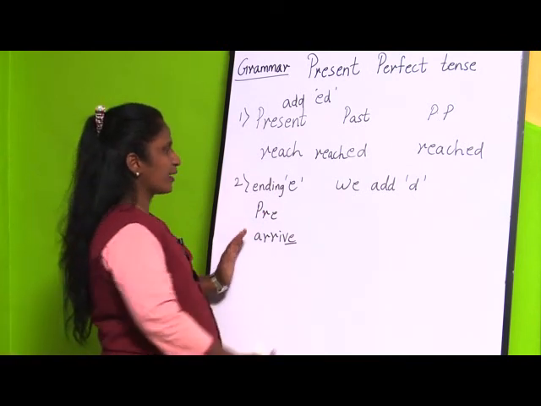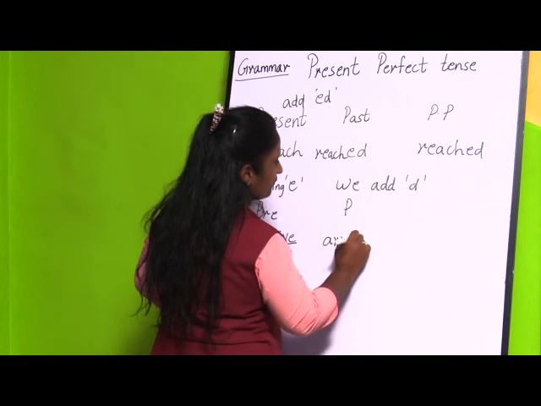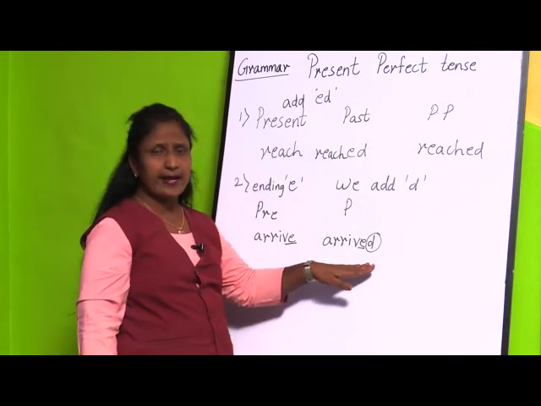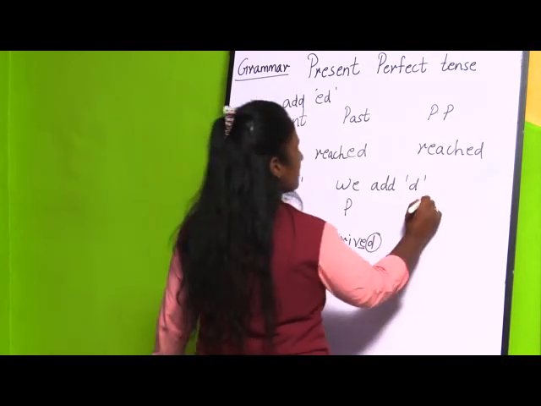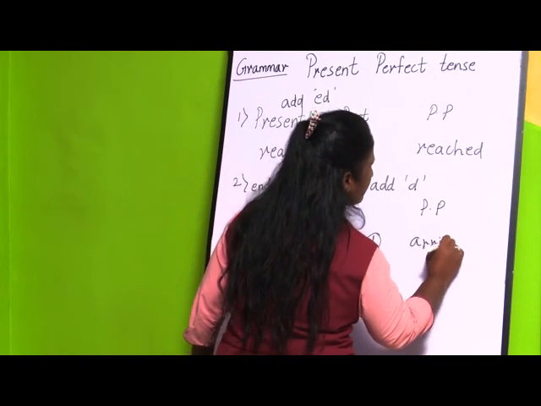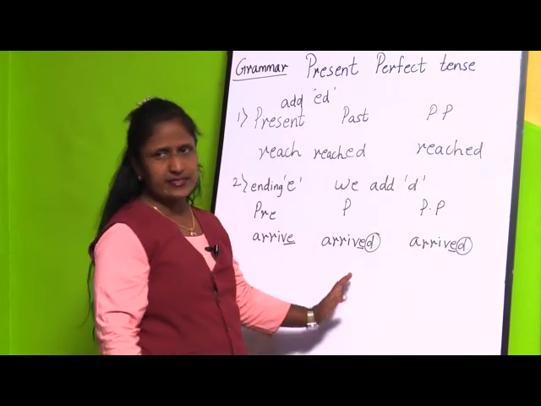So how are you going to write it in past tense? You are going to write it as arrived. Already e is there, and now you only add d for the past tense, and the same will be with the past participle. Here also it will be arrived. I hope children you have understood this second rule.